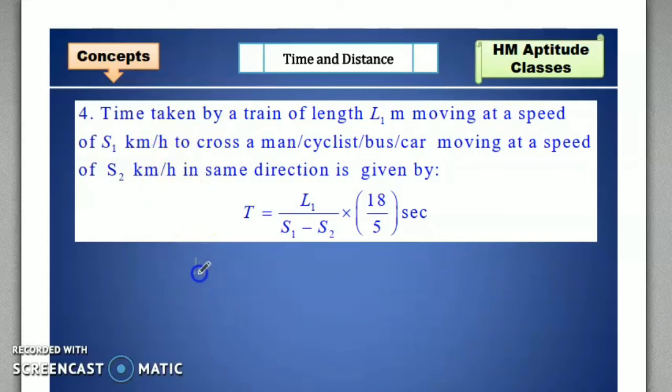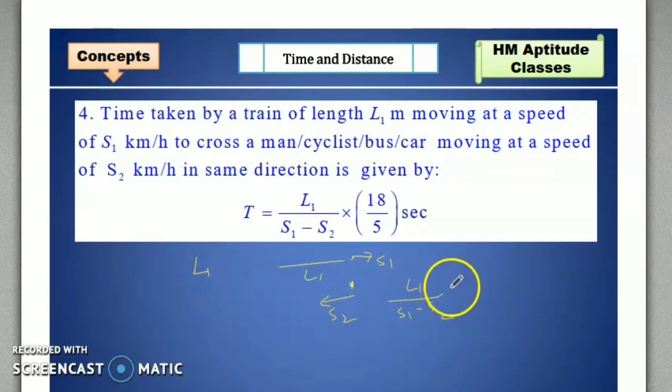The train's distance is L1. The man is here, and the train needs to cross this L1 distance. The man is moving in this direction at s2 kilometer per hour, and the train is moving in this direction at s1 kilometer per hour. So the relative speed is s1 minus s2, and the total distance required to travel is L1.